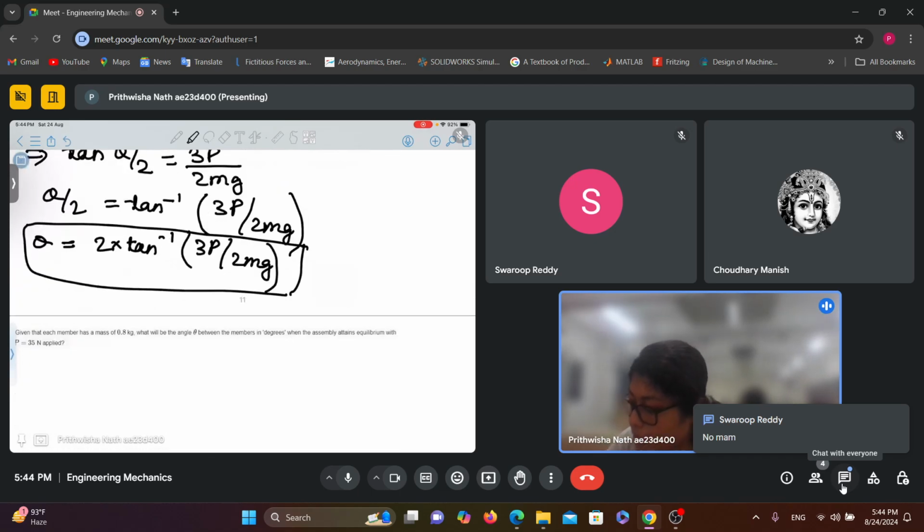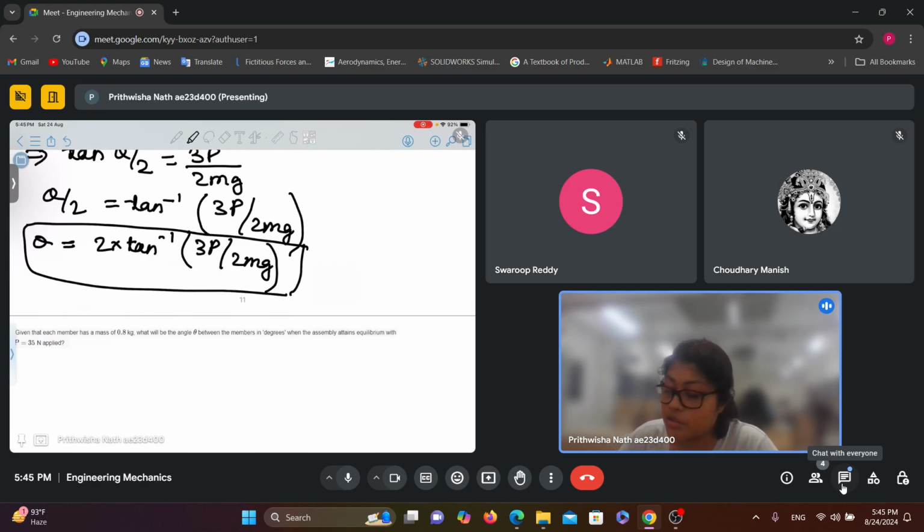Given that each member has a mass of 0.8 kg, what will be the angle theta between the members in degrees when the assembly attains equilibrium with P equal to 35 newtons applied? So I just simply need to find out this theta, right? Every data is given. So can you tell me the answer to this question? You just need to substitute the value and tell me the answer.